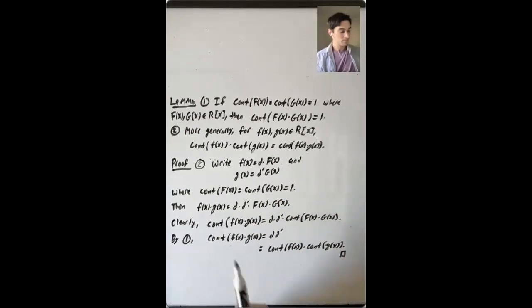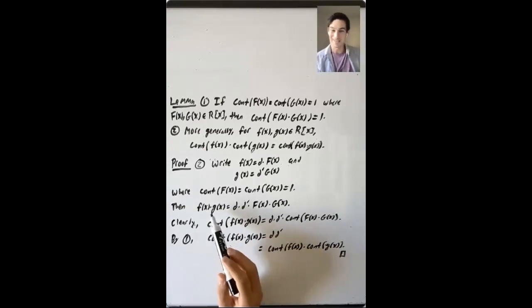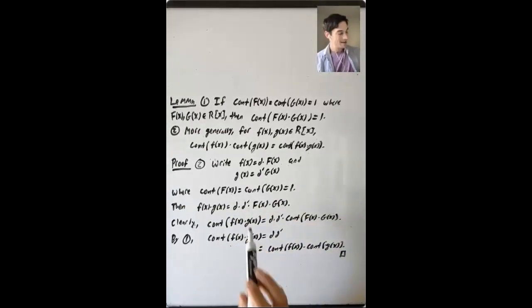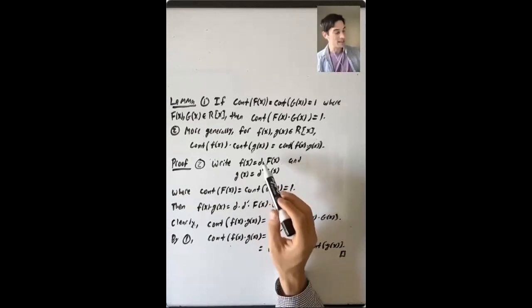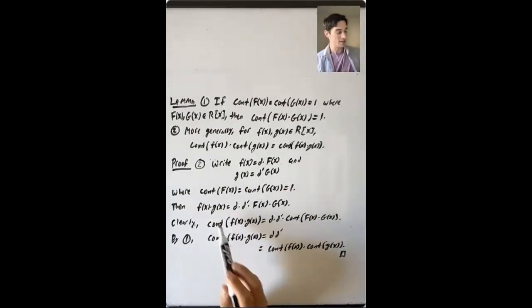Okay, now let's look at what happens. Little f times little g, this is the thing whose content we're trying to understand. That is equal to d times d prime times this capital F times capital G. And now we take the content of the polynomial on the left-hand side.